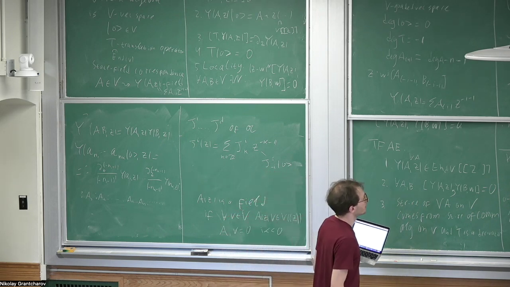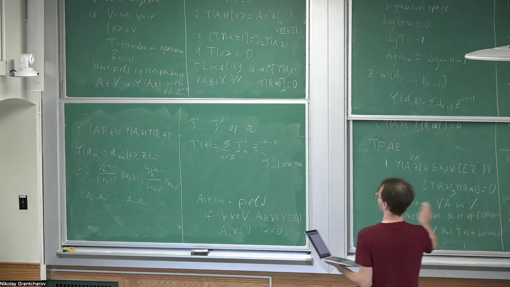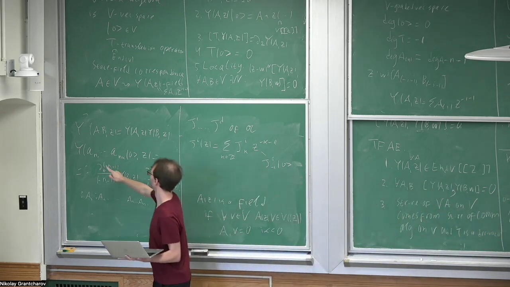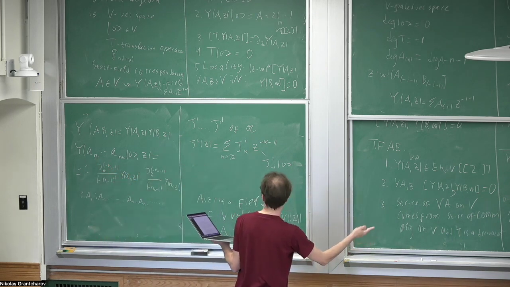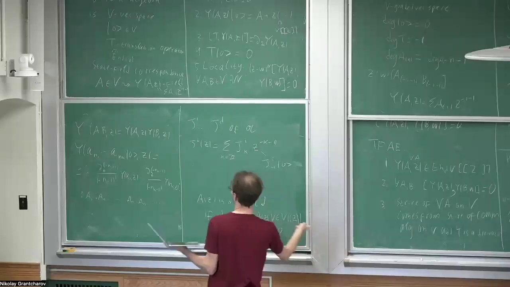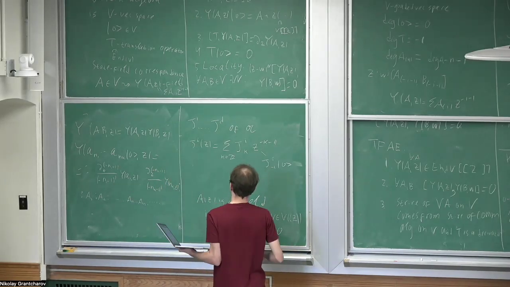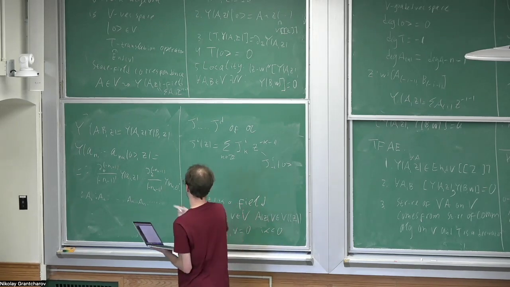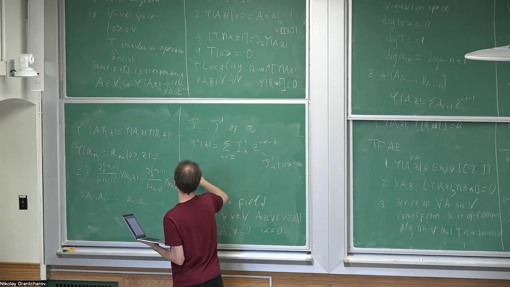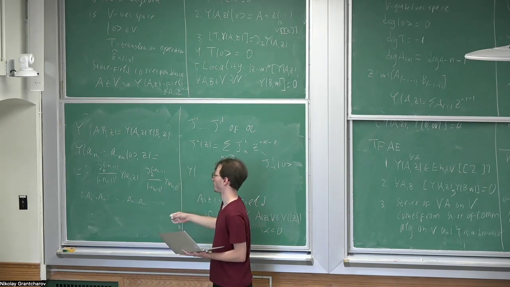I also didn't say that minus k here corresponds to n1 here, and so k minus 1 is minus n1 minus 1, a flipped sign. Then you can rewrite this formula in terms of a basis.